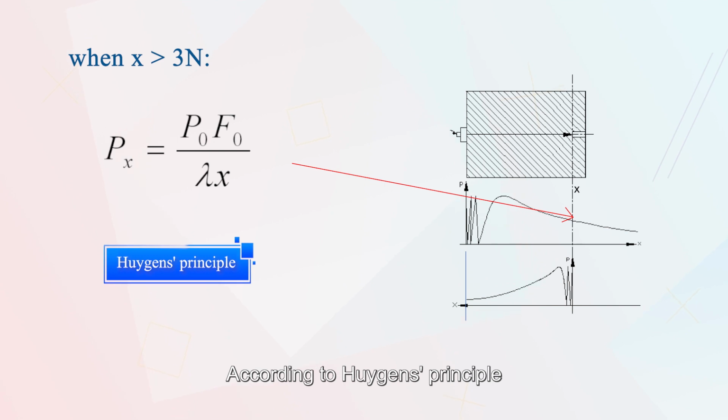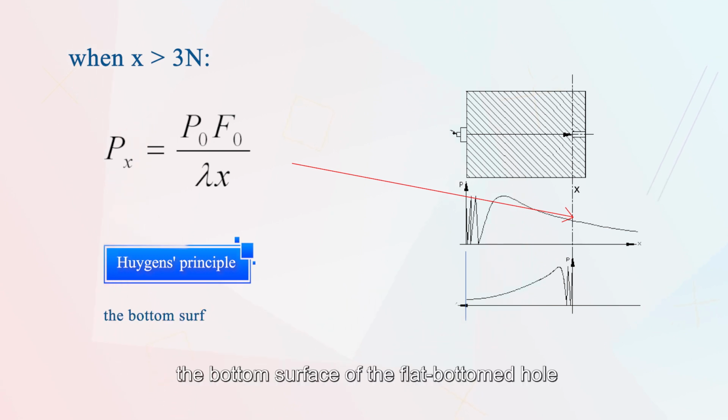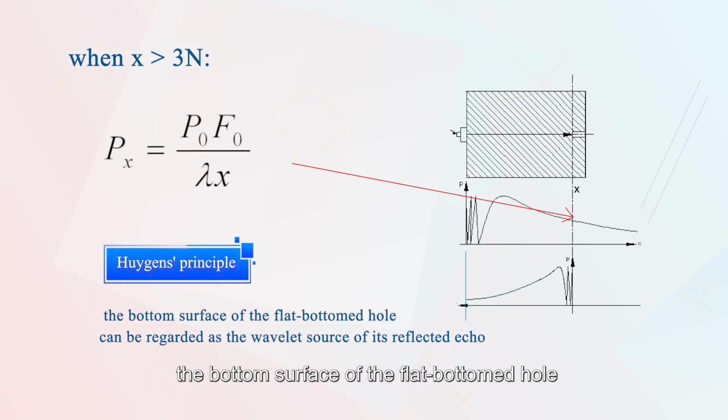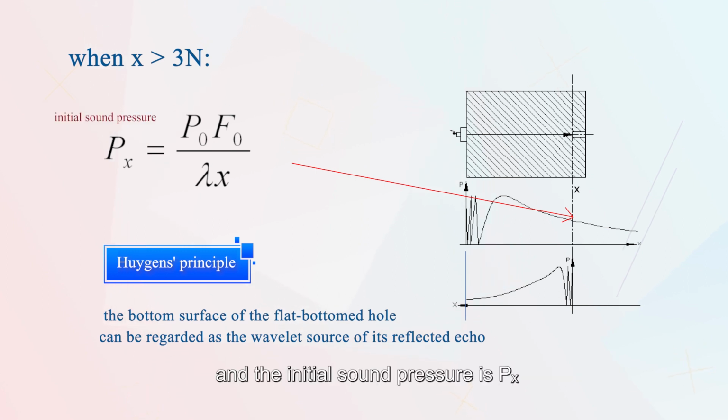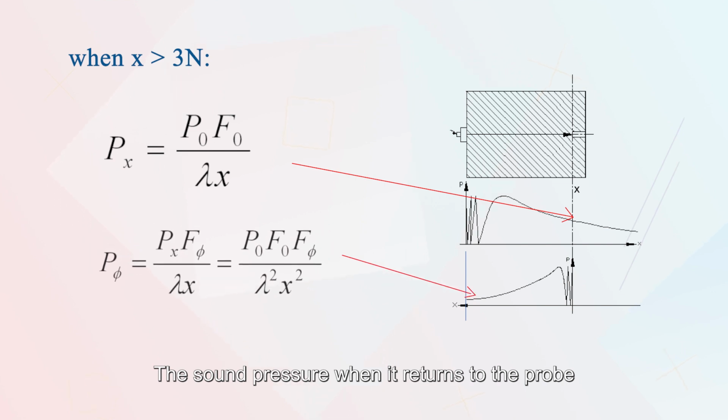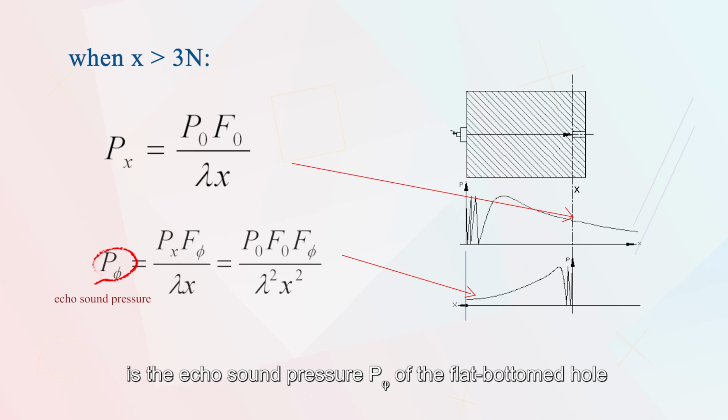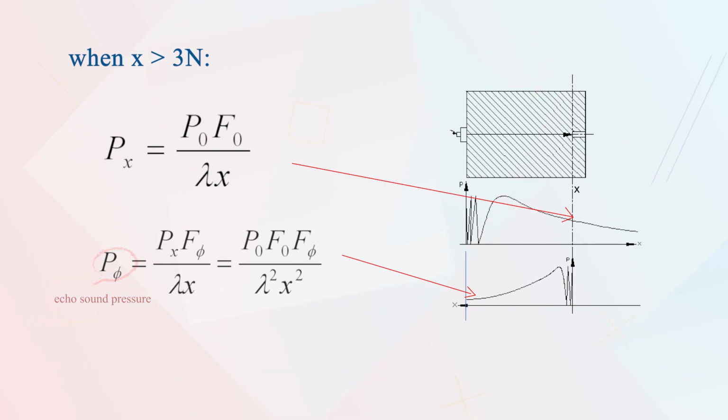According to Huygens' principle, the bottom surface of the flat-bottomed hole can be regarded as the wavelet source of its reflected echo, and the initial sound pressure is Px. The sound pressure when it returns to the probe is the echo sound pressure P phi of the flat-bottomed hole.